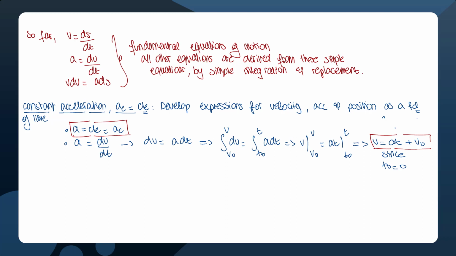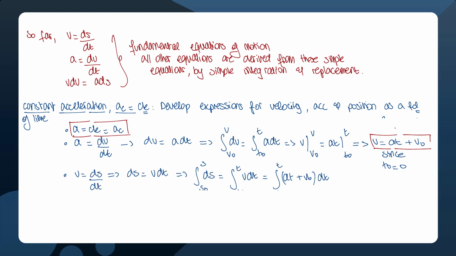Now similarly, if we want to find an expression for the position or displacement, one needs to make use of the equation v is equal to ds over dt. Then doing the same procedure and applying the integration, one ends up with the integral of ds from s0 to s is equal to the integral from t0 to t of v dt.